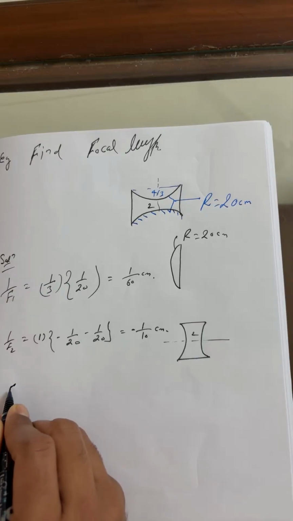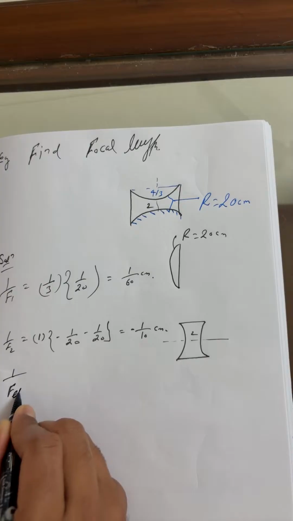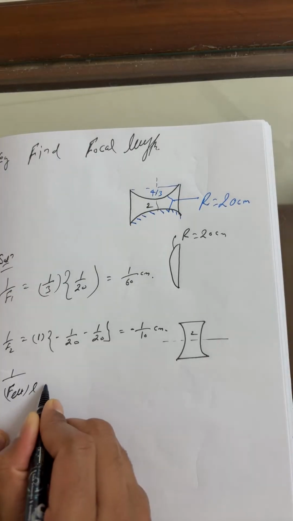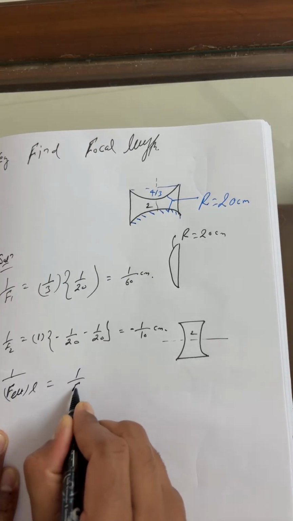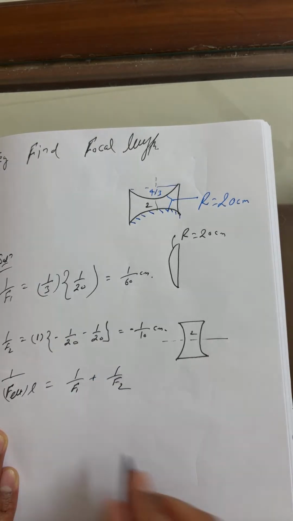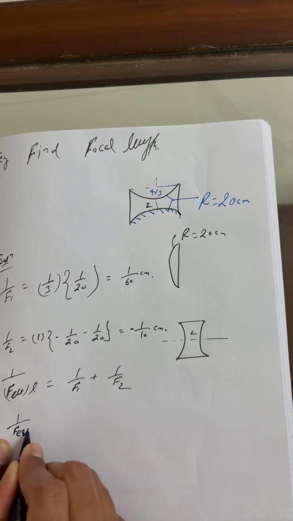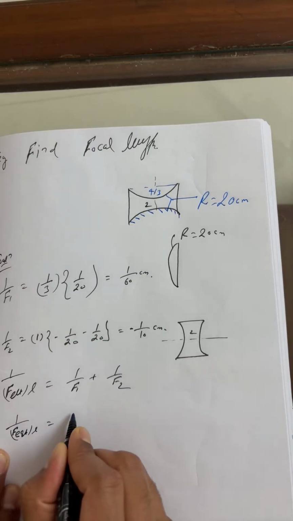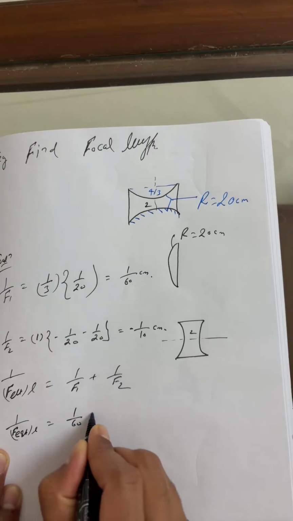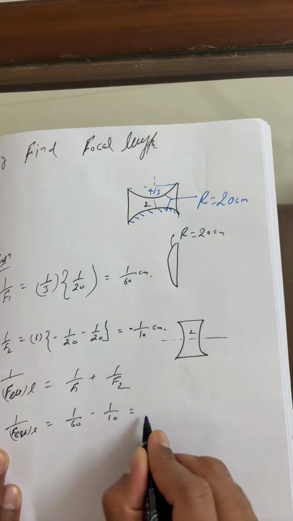So for f equivalent of lens only, keep in mind: 1 upon f1 plus 1 upon f2. So 1 upon f equivalent of lens equals 1 upon 60 minus 1 upon 10. The LCM you can say is 60 only.